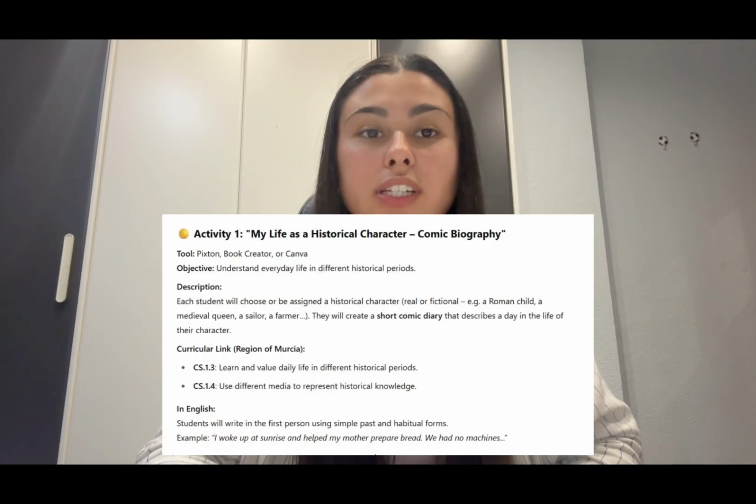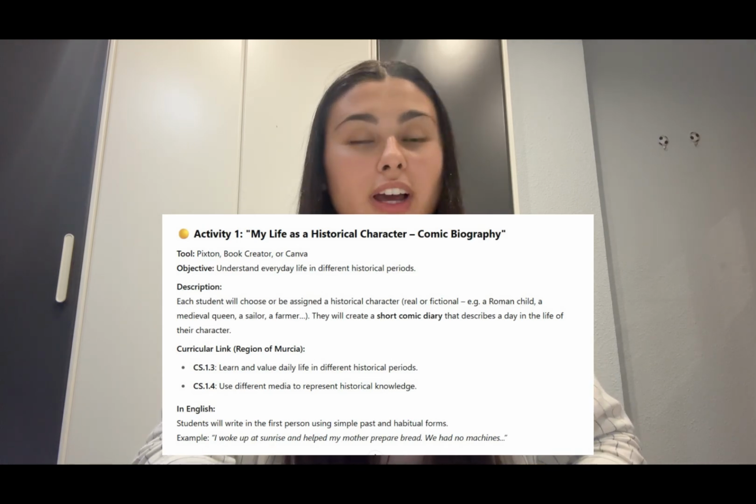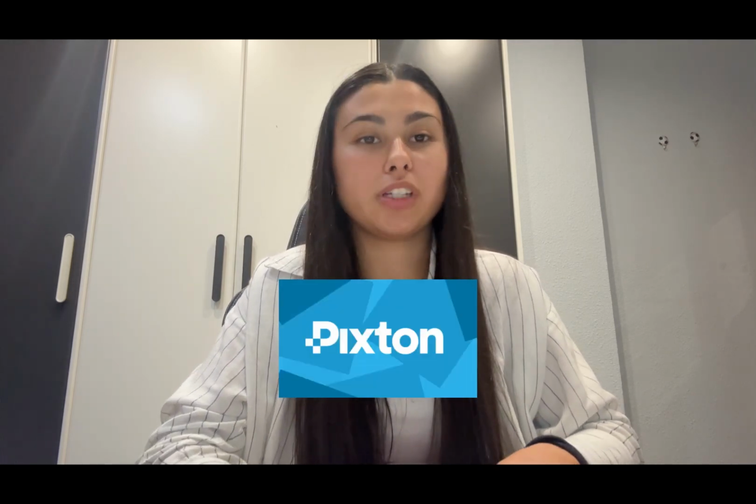For the first activity, I really like the idea of creating a comic based on an historical character. But then I got another idea and I think that I liked it even more, so I changed the story. But I have used one of the tools that the AI recommended to me to create the comic.